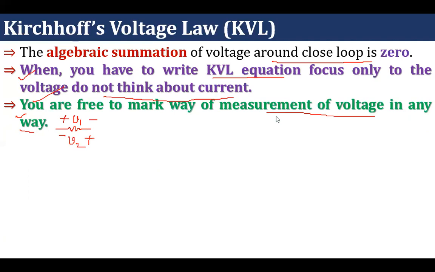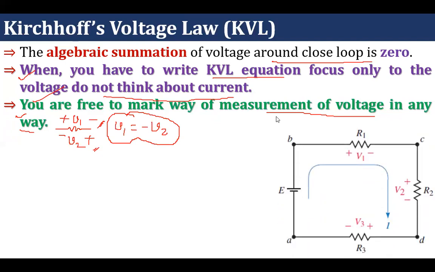What will be the relation between these two? V1 will be equal to minus V2. Magnitude will be equal in both cases, but sign will be just opposite.